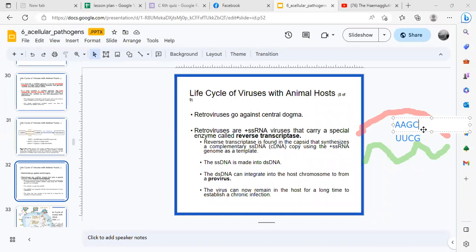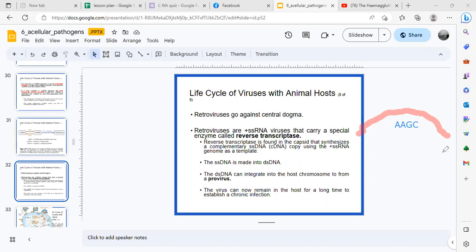So halimbawa kung may A ka din sa kabila, so sa DNA, wala kang uracil, you have thymine. So ganun mangyayari. So ang mangyari, itong single-stranded DNA, mawawala na tong RNA. Once na makreate mo tong single-stranded DNA, then you form the other strand.